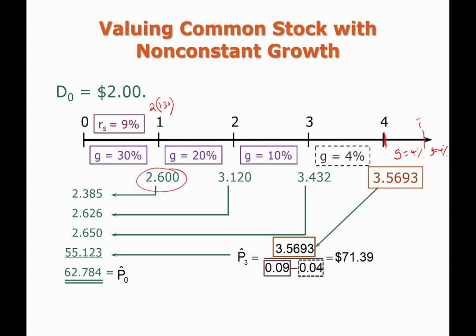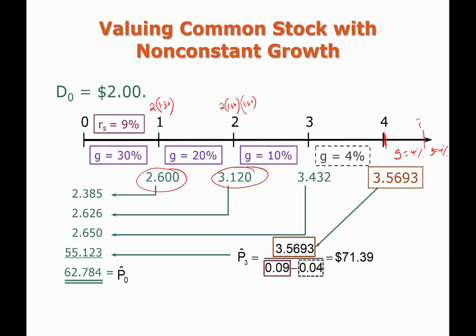And then in year two, there's an additional 20% growth in dividends. So in this case, the dividend that was paid in year two is going to be what was paid in year one, the 2 and 1.3, and then there is also another growth, and the growth here is 1.20. So 1.20 times 1.3 times 2, again, this will give you the 3.12.